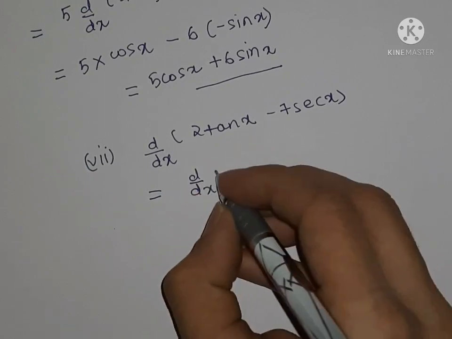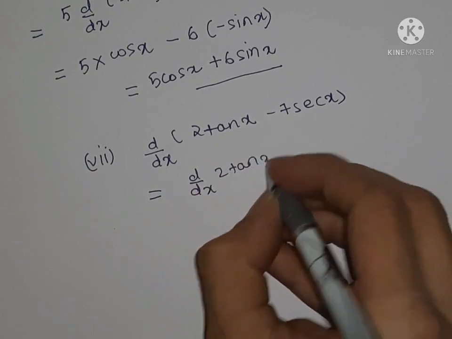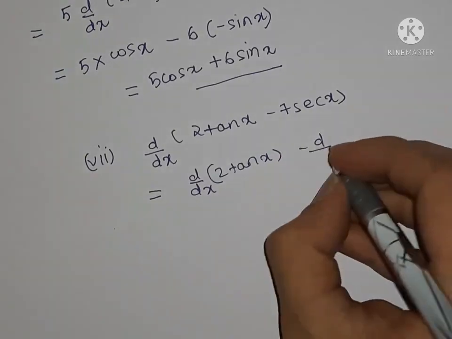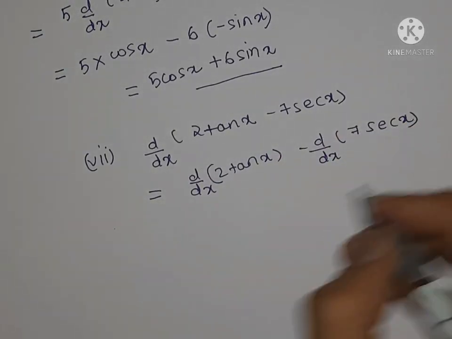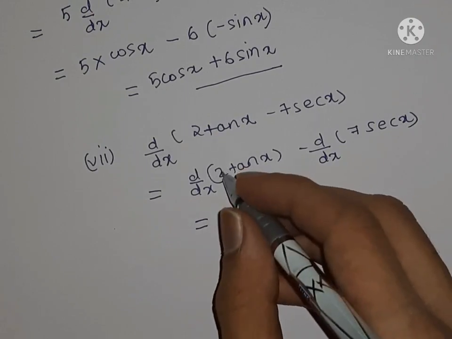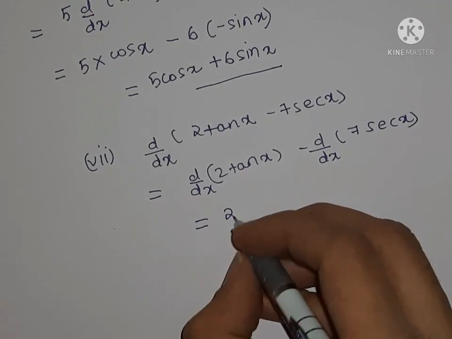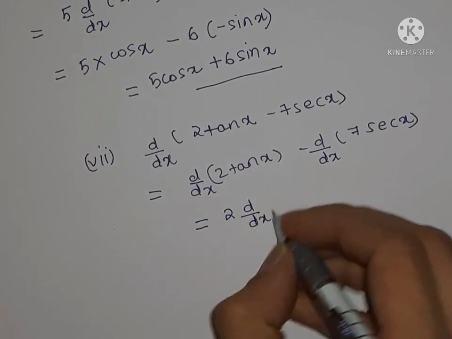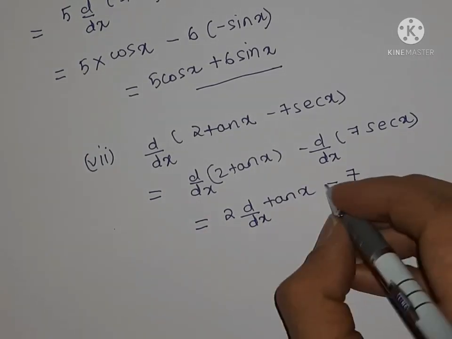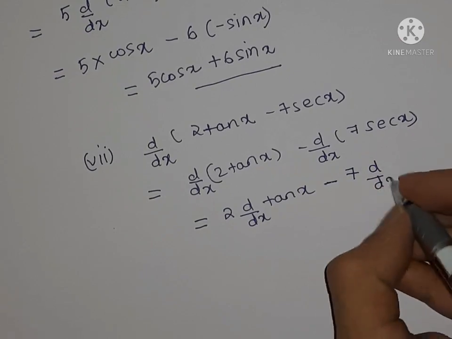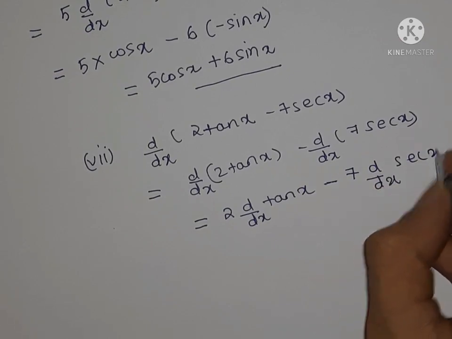Derivative of 2 tan x minus derivative of 7 sec x. So this is a constant 2, that will come out of the derivative. 2 times derivative of tan x minus, 7 is a constant, it will come out of the derivative, 7 times derivative of sec x.